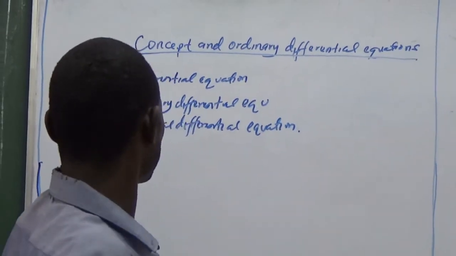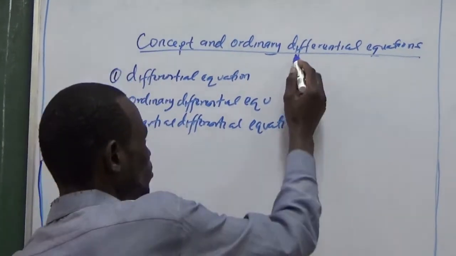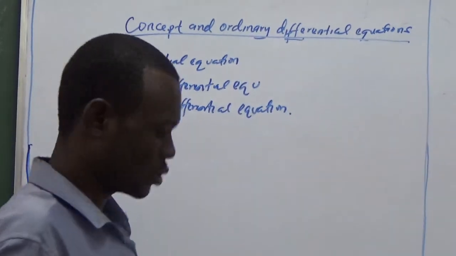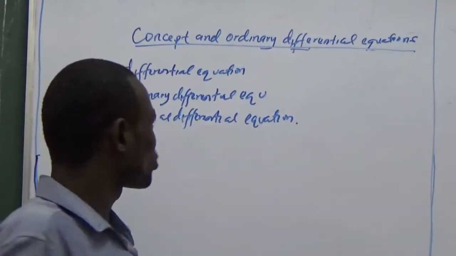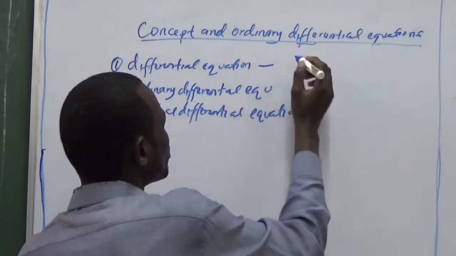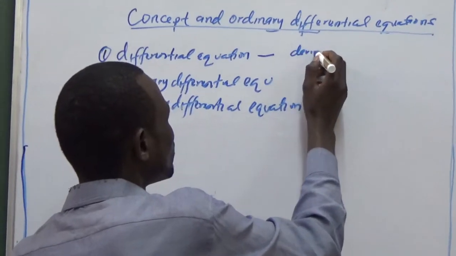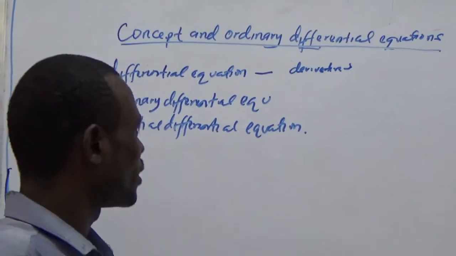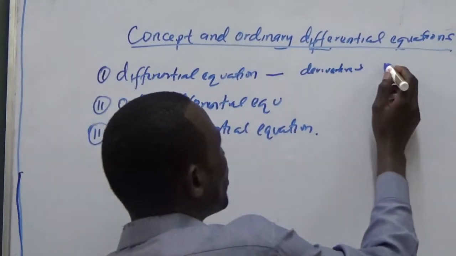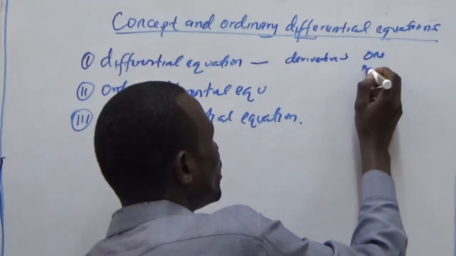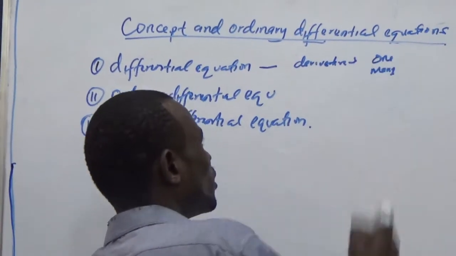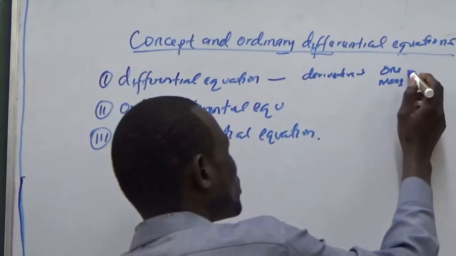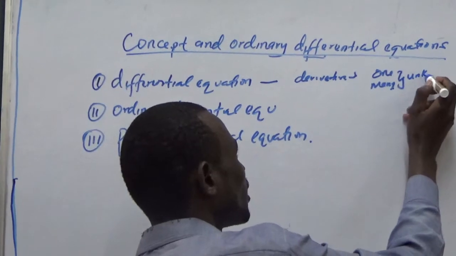So first thing, we find out what are these differential equations. Simply, differential equations are equations involving derivatives. Talking about derivatives, there can be one or many unknowns. These are unknowns.